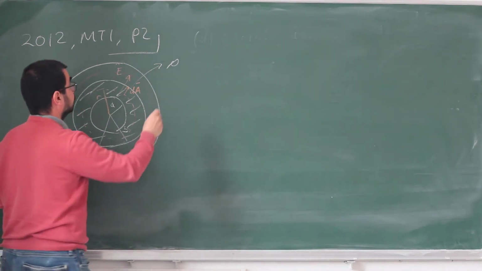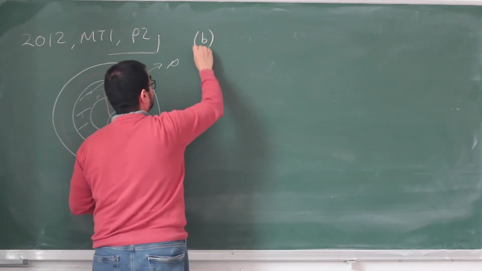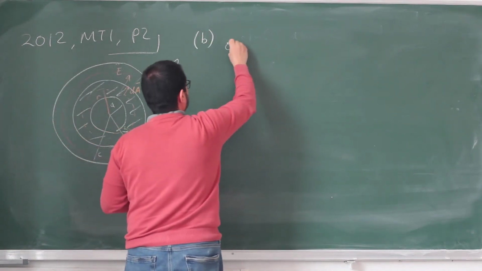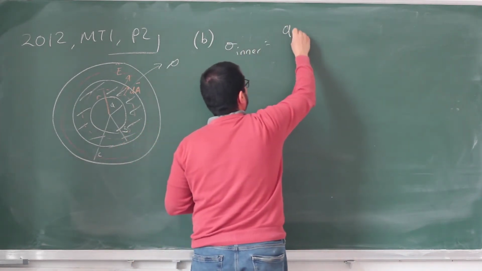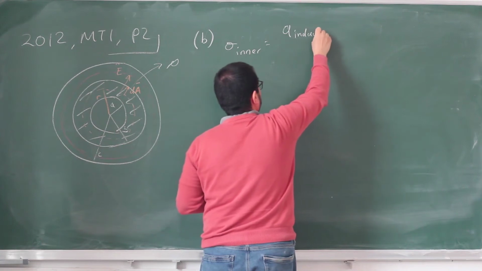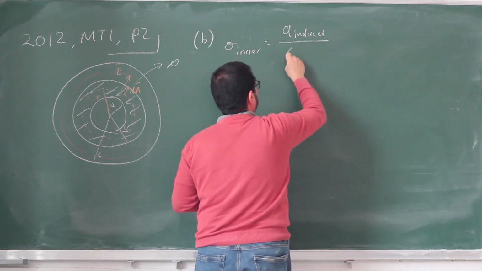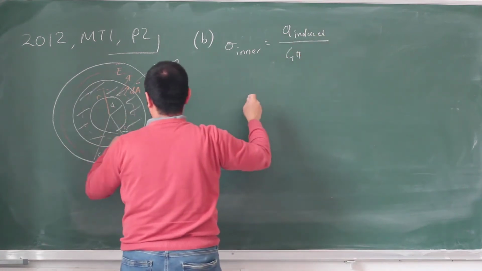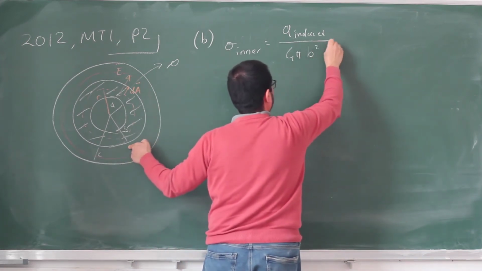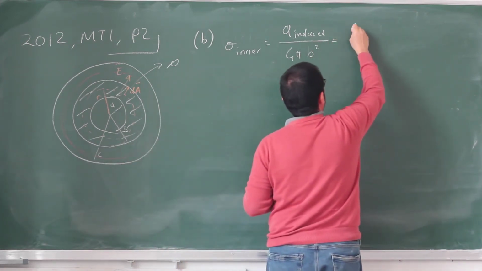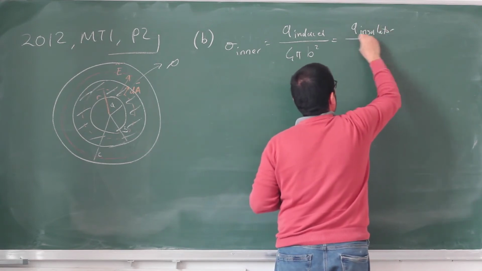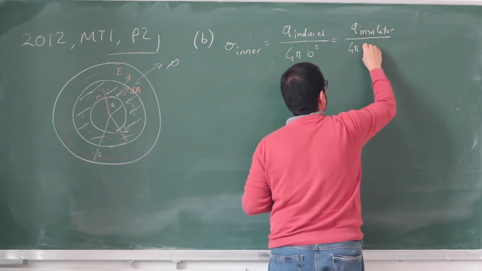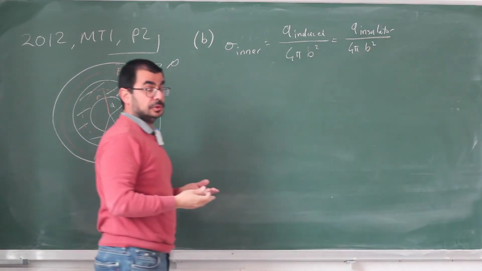So for part B, sigma inner is going to be Q induced over 4 pi b squared, and that Q induced must be equal in magnitude to the Q in the insulator over 4 pi b squared. And what is the Q in the insulator?